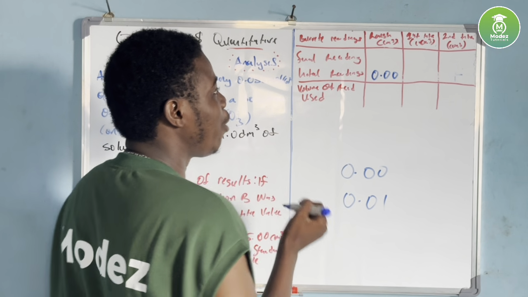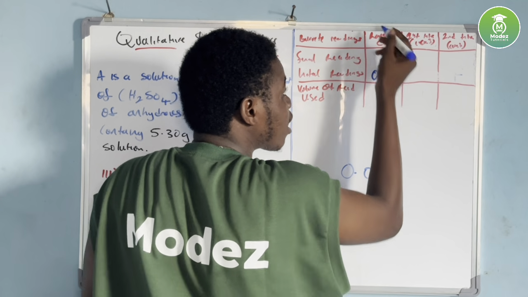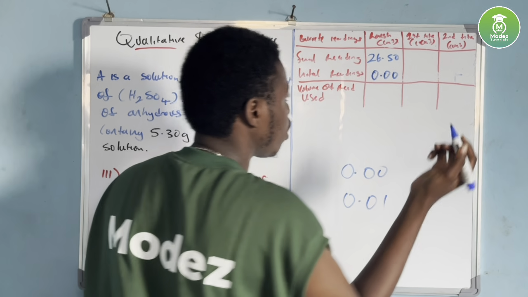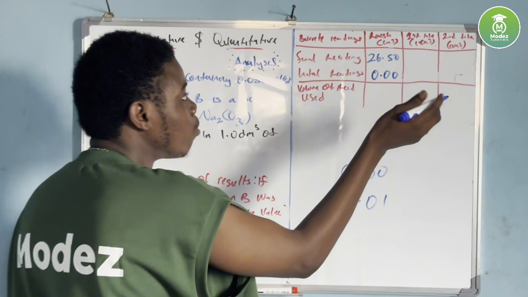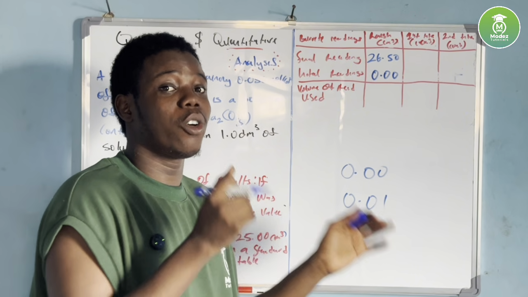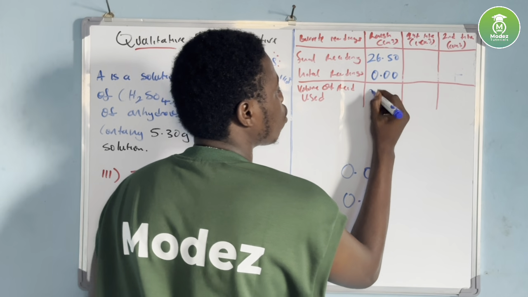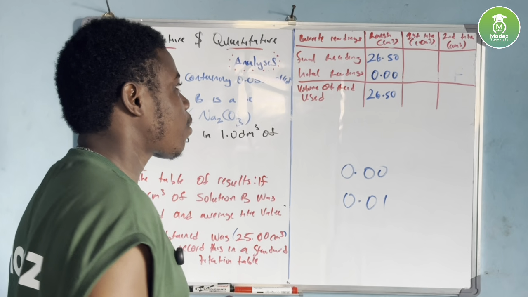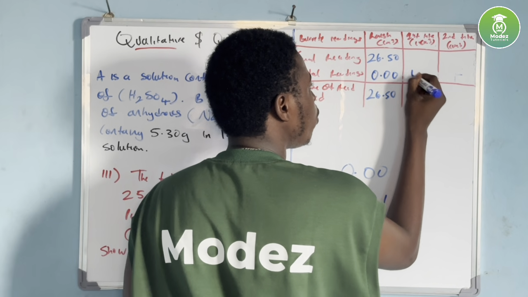Now for the final reading, since this is rough titer, I can just use 26.50 or just 26 point. It is a rough titer, so since you put rough titer there, WAEC is not going to even look at it at all. They will understand. Do you get it? So you can just do this. This is your rough titer. But then, your first titer will be what?